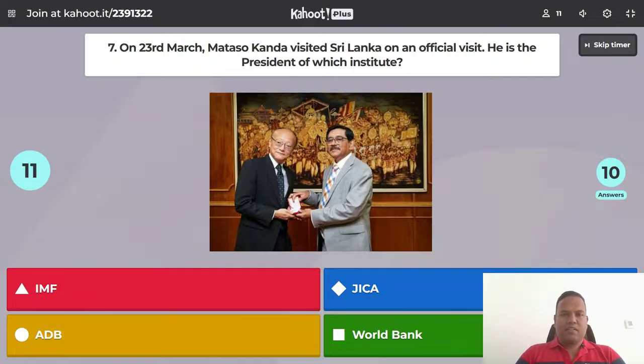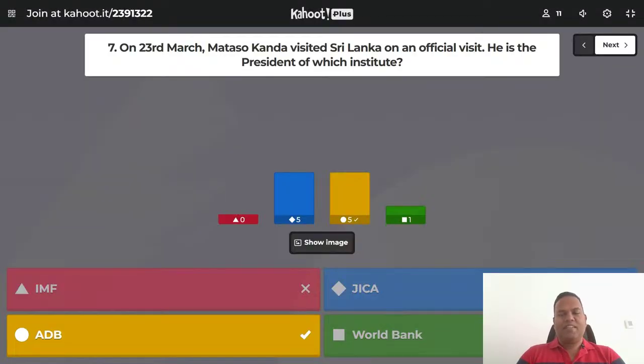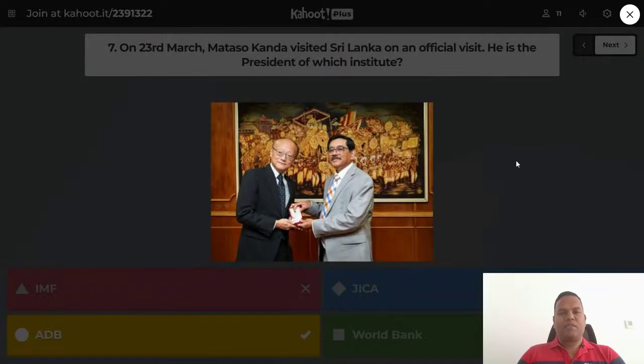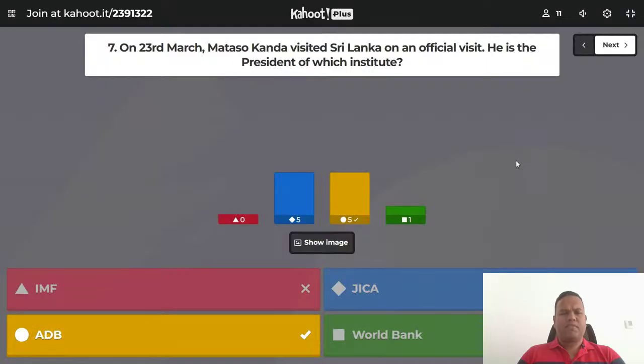I purposely put JICA, so I apologize because I did want to get some people wrong here. But it is indeed the Asian Development Bank. He is the president from 2025, I think, of the Asian Development Bank. So well done to the 5 people who got it.